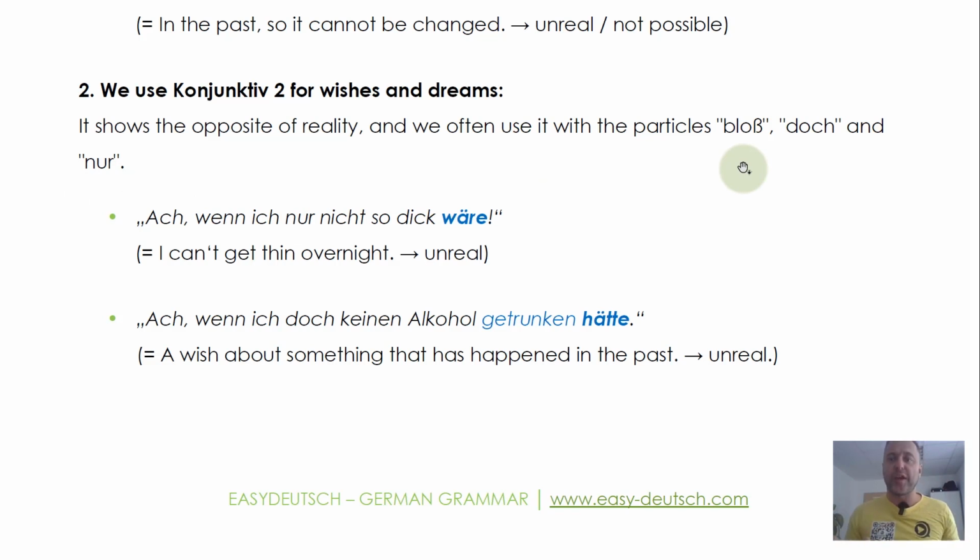If you don't know them yet, don't worry, they're kind of B1, B2. There's a video in the info cards for you if you want to know more about the different modal particles and when to use them, what they actually mean. So here we have two examples for wishes and dreams.